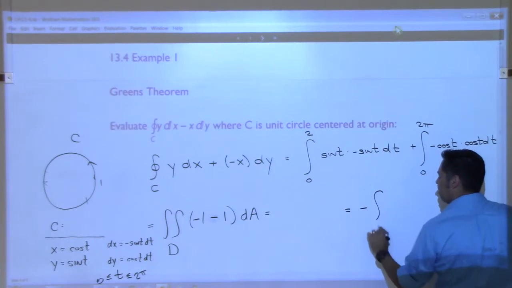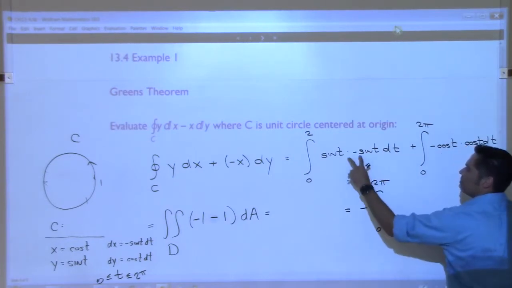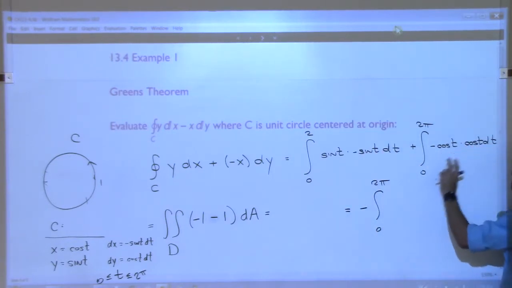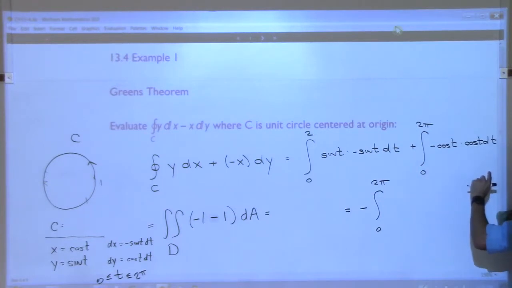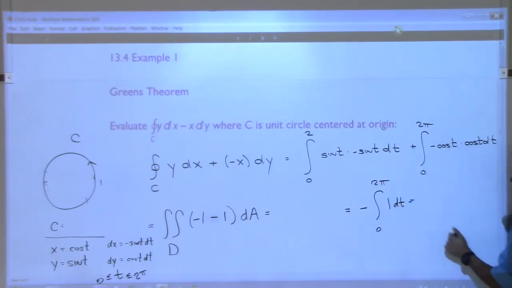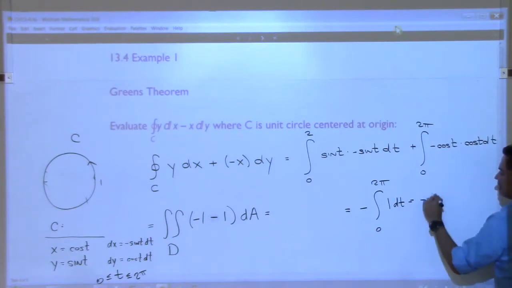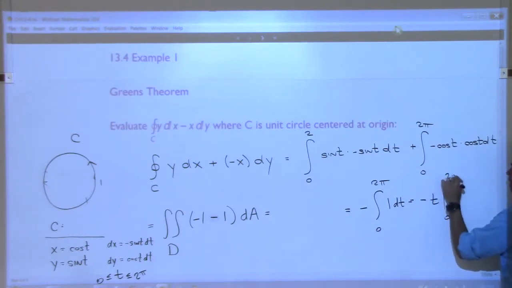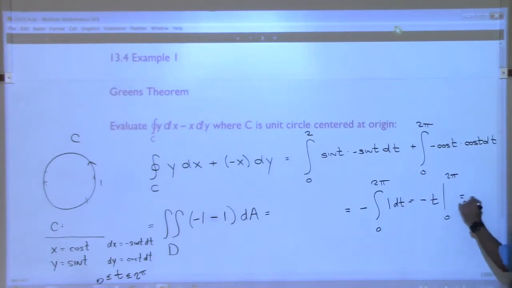Negative comes out, integral 0 to 2 pi. Factoring the negative out of here, it'll be sine squared t plus cosine squared t, which is just 1, dt. And now the antiderivative of that is just t, and you evaluate 0 to 2 pi. 2 pi goes in, we get negative 2 pi and 0, so we get the same answer, right? A little more work though, right? A little more work.